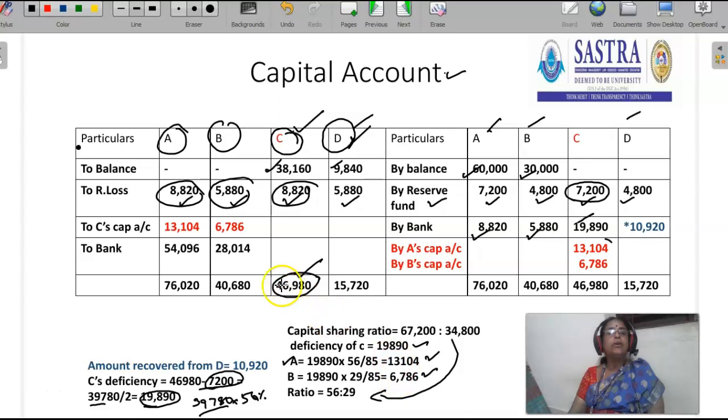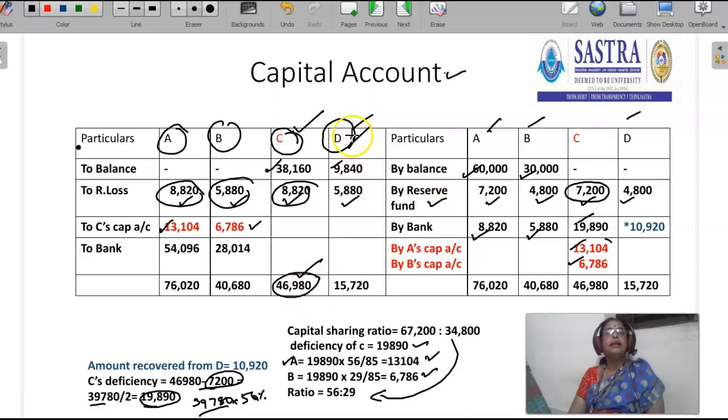So the entry, as I already told, is solvent partners' capital accounts debit to insolvent partner. So to C's capital 13,104 and 6,786. On the credit side, by A's capital 13,104, by B's capital 6,786. So C's account is closed.